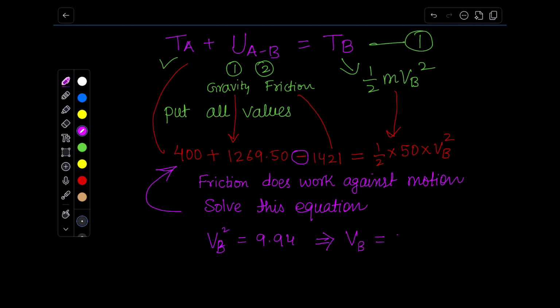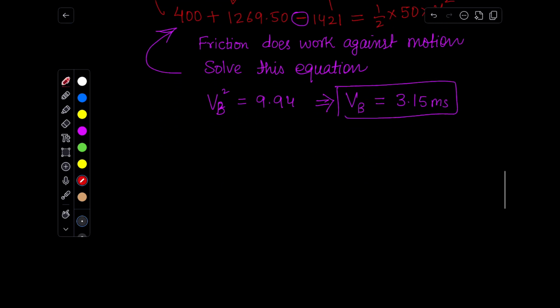So the final answer for the velocity at position B is 3.15 meter per second. It is meter per second.